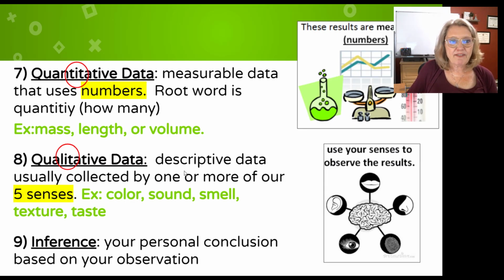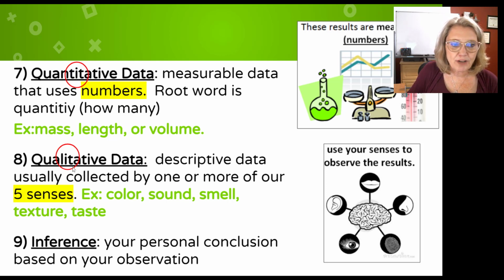Number 7, vocabulary. Here we have two different kinds of data, quantitative data and qualitative data. Notice these words are very similar, so I've circled a part of it because this one has quantitative, this is qualitative. The root word of quantitative is quantity.